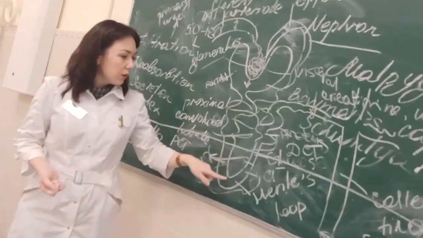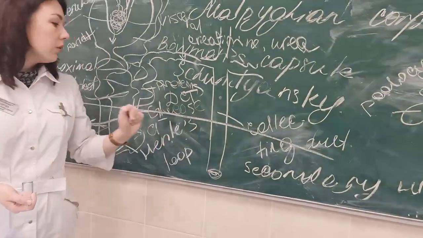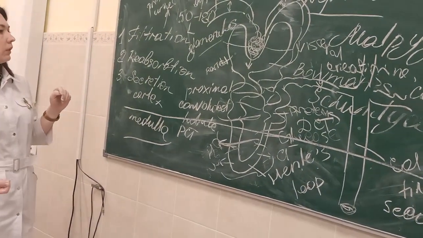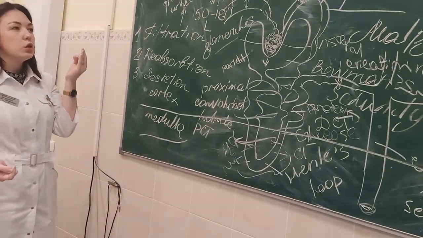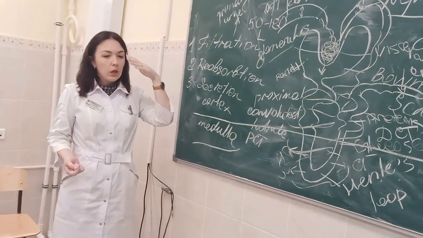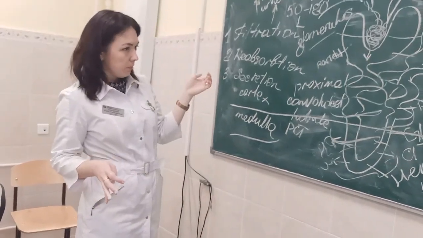And Henle's loop and the distal parts of collecting ducts are located in the medulla. That's for typical nephrons. Actually, there are cortical nephrons and medullary nephrons, but in typical nephrons, it is like that.